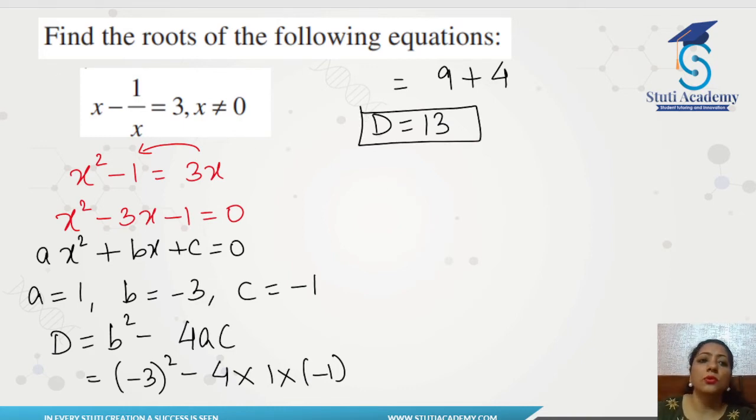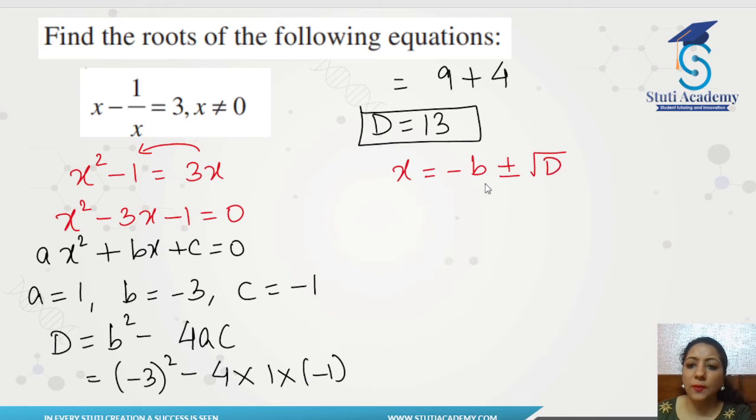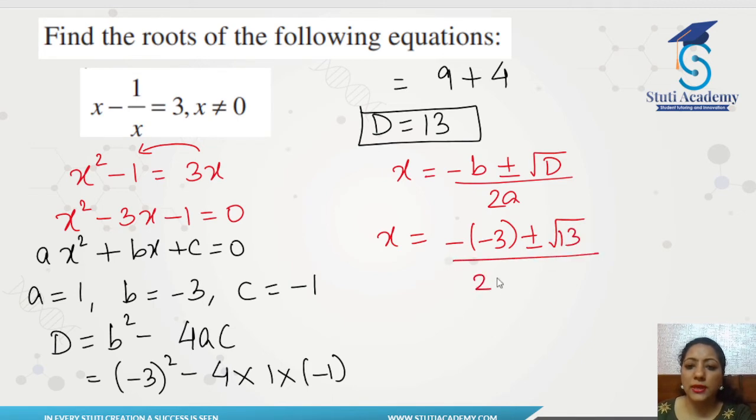Now we are going to solve this using the quadratic formula. So we have x equal to minus b plus or minus square root of d upon 2a. So x is minus b. Minus b here is minus 3. Minus 3 plus or minus square root of 13 upon 2a. 2a is 2 into 1. A is 1 actually.